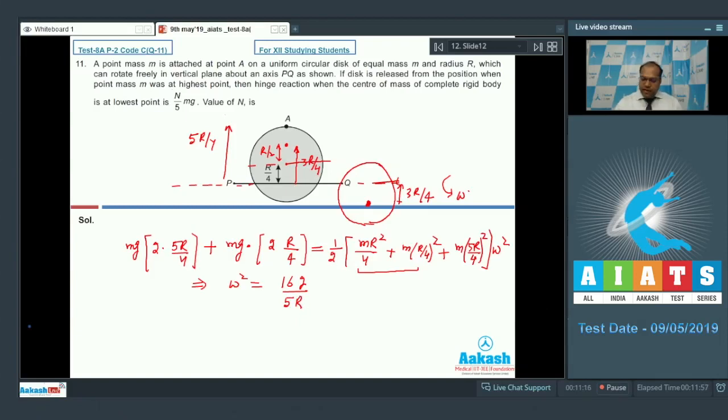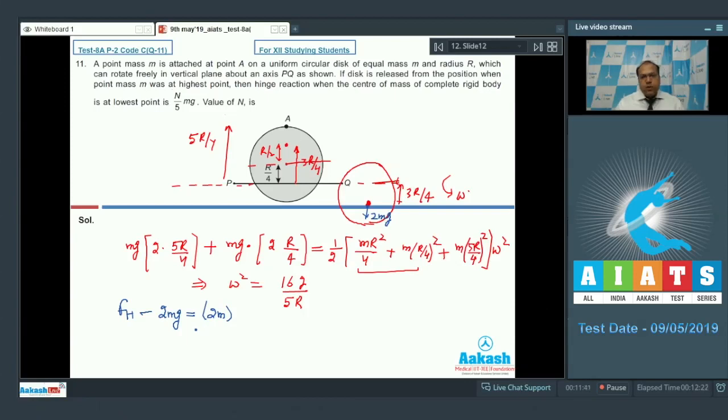So at this moment, if I write the hinge reaction, then 2mg weight is acting on this in this direction. So I can write the hinge reaction is upward, vertically upward. So the force due to the hinge in the vertical direction minus 2mg is equal to the mass of the complete system, that is 2m, into AC.